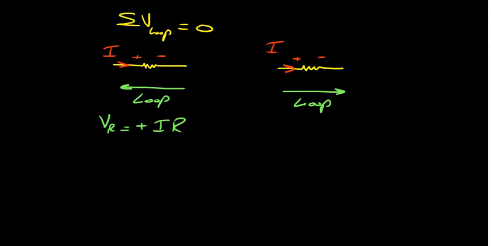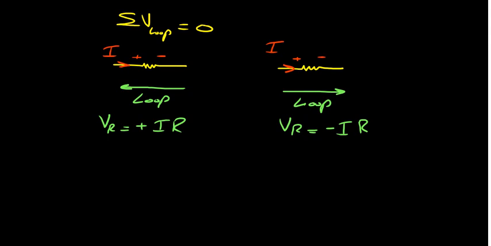Whereas in this case, the voltage across the resistor will be negative IR, because my loop entered from high voltage, the positive side of the resistor, to the low. So I will go with the negative. Now this is for the resistors, and you can apply the current in the opposite or similar directions for the loop. It's fine, up to you.